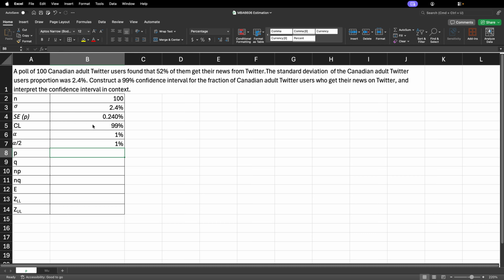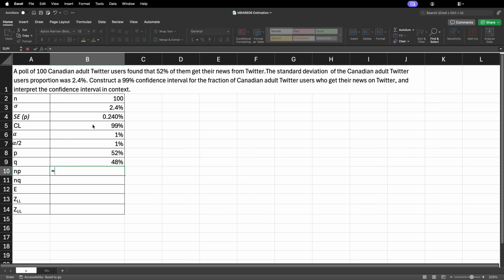Now we know the proportion of Canadian adults in the sample of these 100 people is 52%. So what will be the Q, which is 1 minus P? Now to apply the central limit theorem for estimation, we need to test for the success failure condition that np should be greater than or equal to 5.